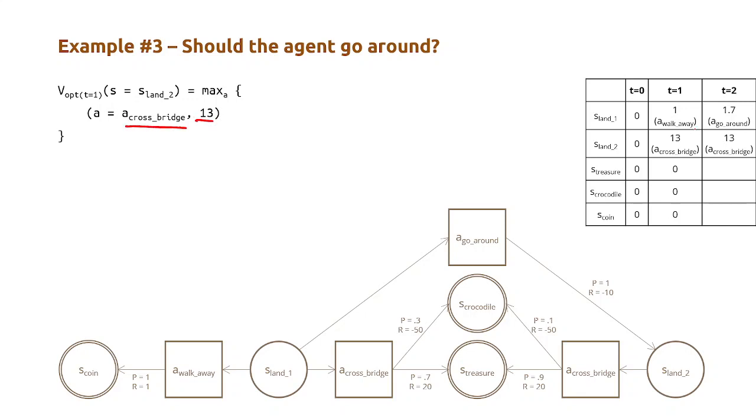Notice that S land 2 did not change. It's still the same, 13 and cross the bridge. Also, we set the values of treasure, crocodile, and coin to 0 because, again, they are goal states. Okay, so we repeat the process again at t equal to 3.